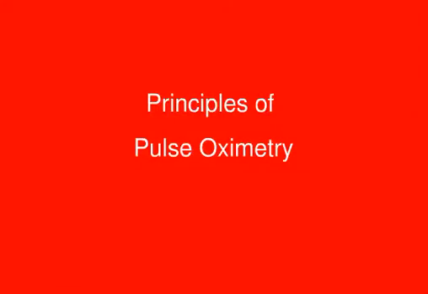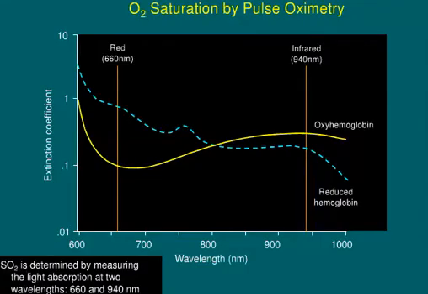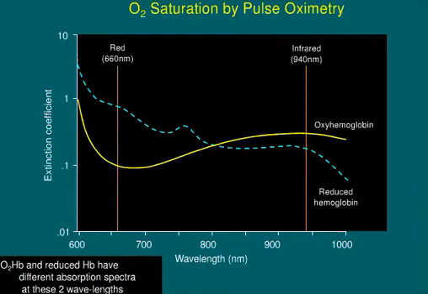So how does it work? The pulse oximeter determines oxygen saturation by measuring light absorption at two wavelengths, the 660 and the 940, the red and the infrared region. The reason those two wavelengths are picked is because oxyhemoglobin and reduced hemoglobin have different absorption spectra at these two wavelengths.